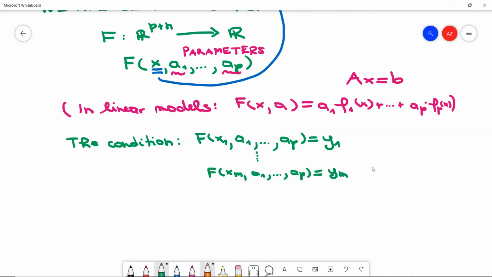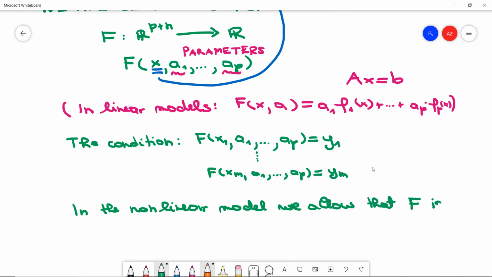So in the nonlinear situation, in the nonlinear model, we allow that f is nonlinear in the parameters a1 up to ap.